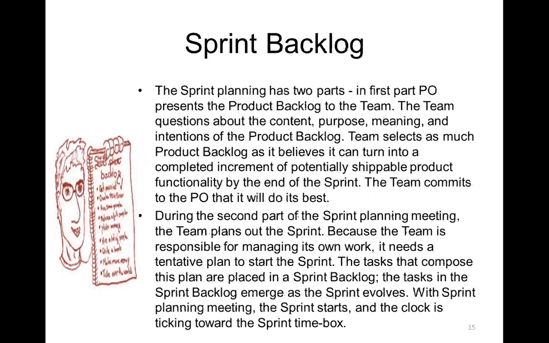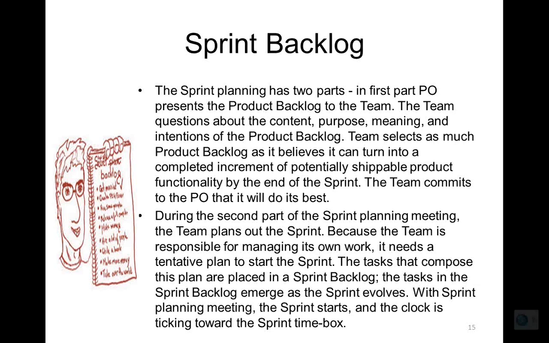Based on that commitment, the team now develops the sprint backlog. So the sprint backlog is akin to the product backlog, but here we are talking only about what is required to be done during that sprint. Sprint planning has basically 2 parts in which the sprint backlog is generated.